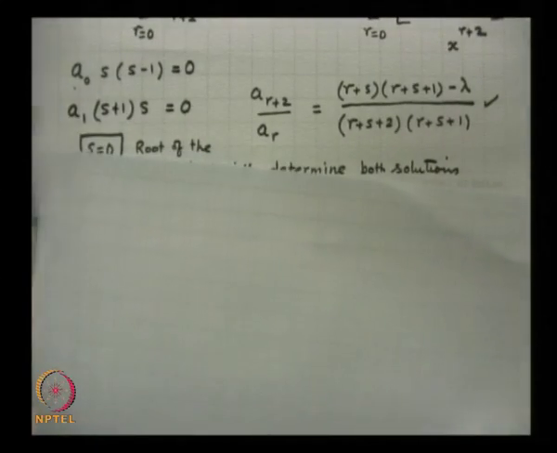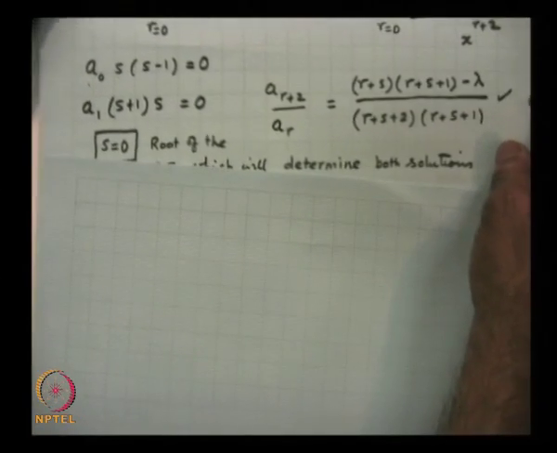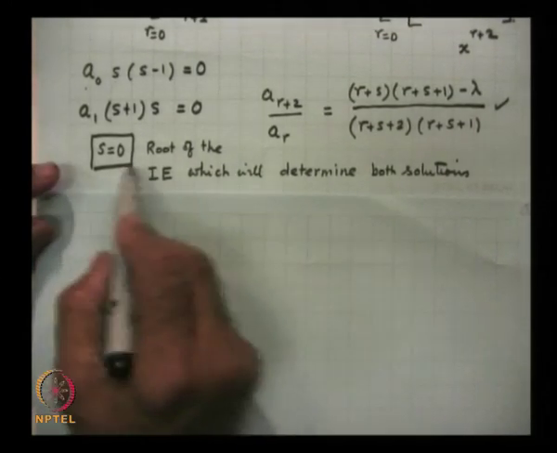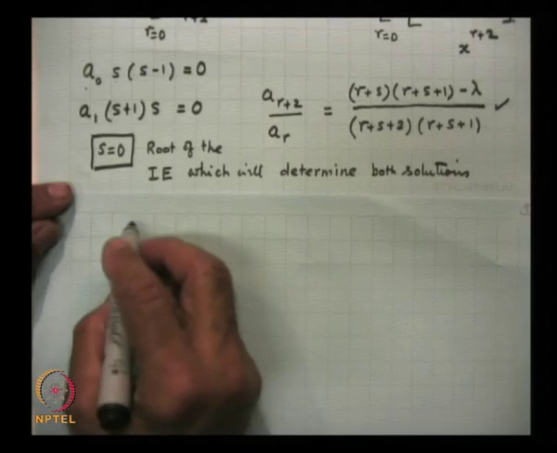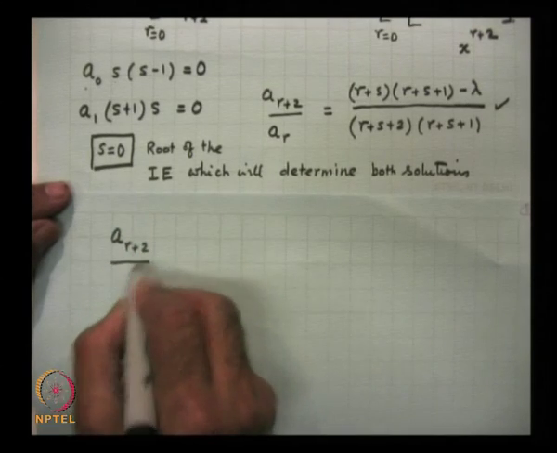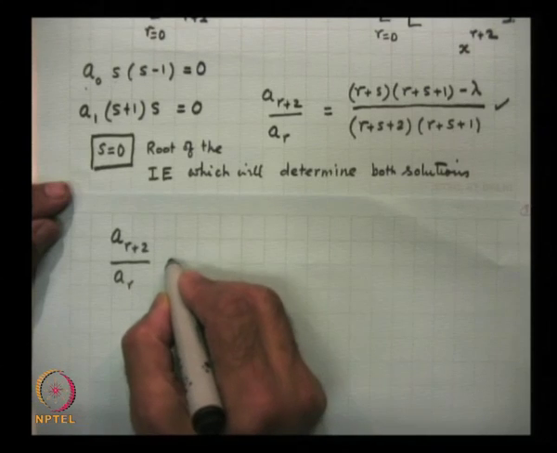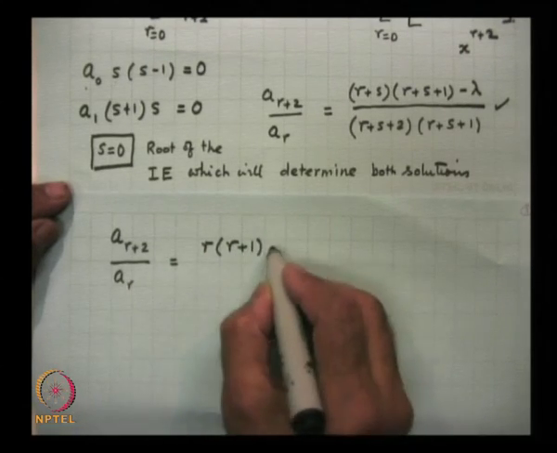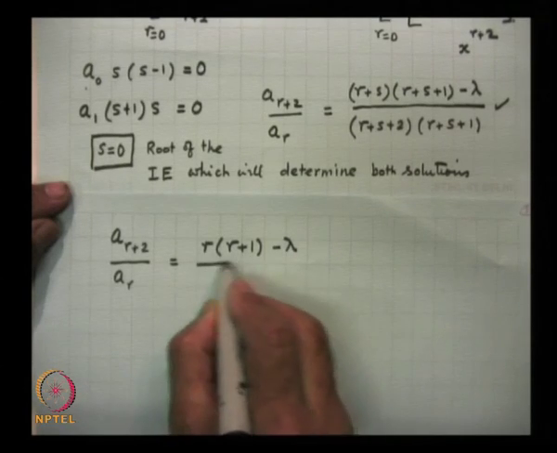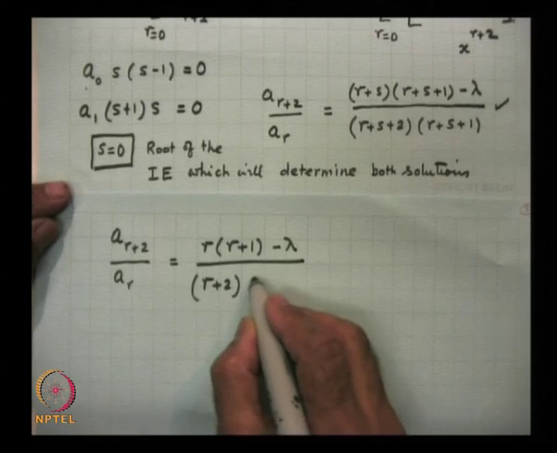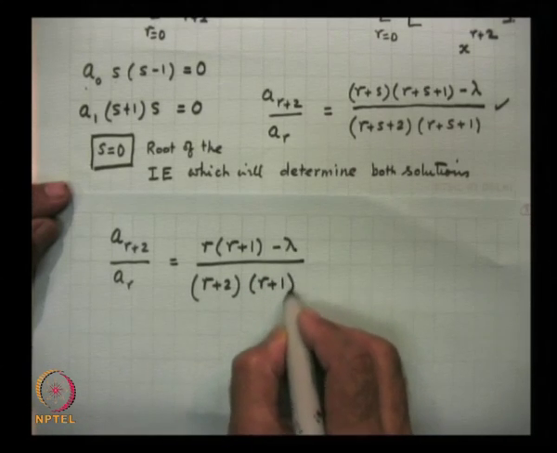and if I assume s is equal to 0, then my recurrence relation becomes very simple. If I substitute s is equal to 0, then the recurrence relation becomes a r plus 2 over a r is equal to r into r plus 1 minus lambda divided by r plus 2 multiplied by r plus 1.